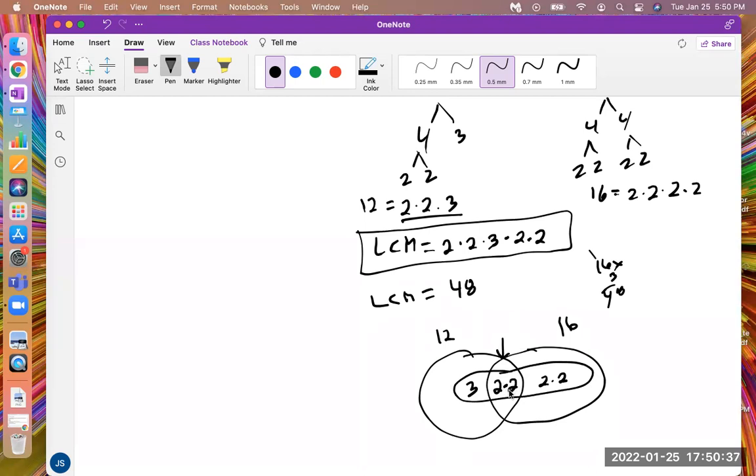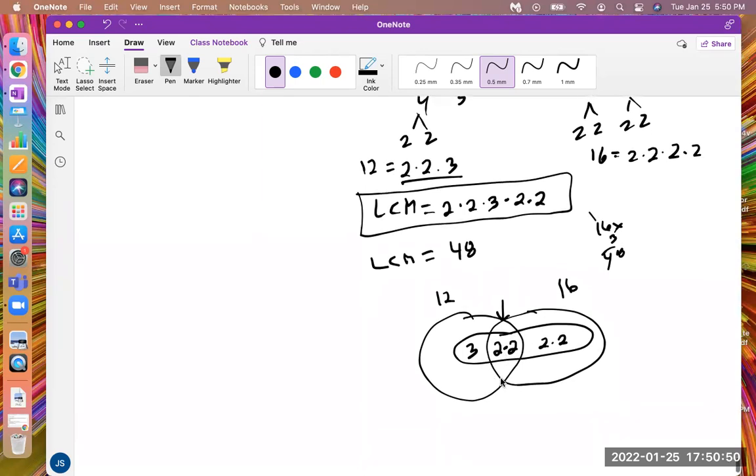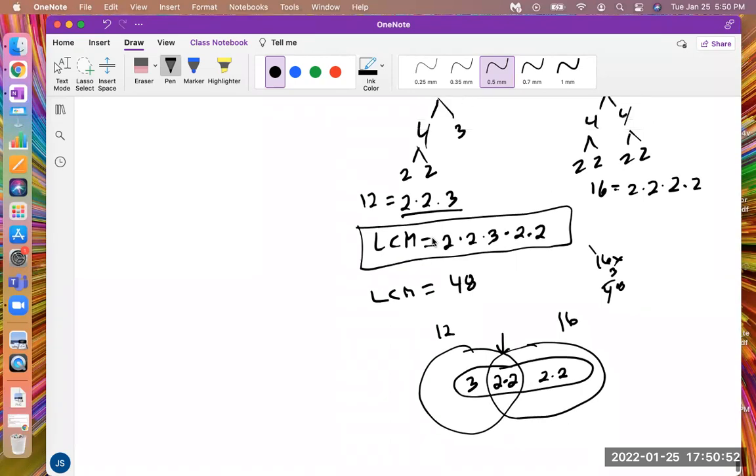But the 2 2s only get written one time because they're in the intersection of both. They're common to both, so they only get written one time, but this is the LCM. So all you do is the prime factorization, and you put it in a Venn diagram. The ones that are common to both go in the middle, and the ones that belong only to 12 or only to 16, you write on the outside, and that's the LCM.